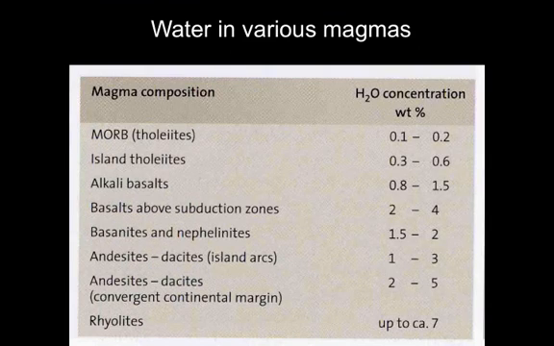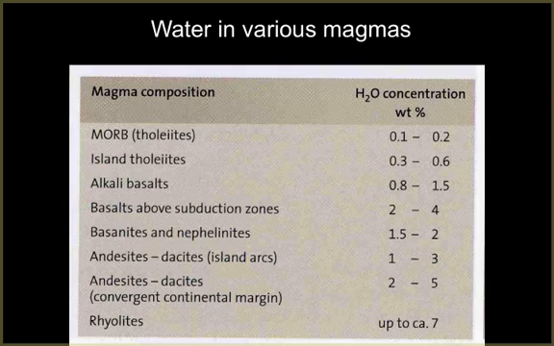Different composition melts that form in different tectonic environments have different percentages of water concentrations. And if we look at just some examples of basalts, mid-ocean ridge basalt, or MORB, and other island arc basalts have very small percentage of water, so somewhere around 1% or less.